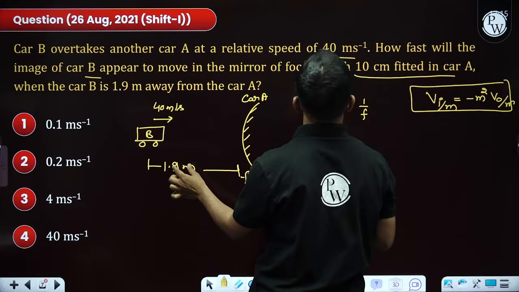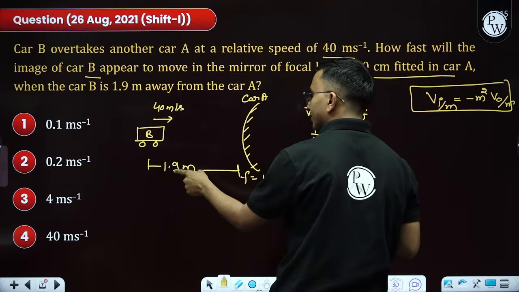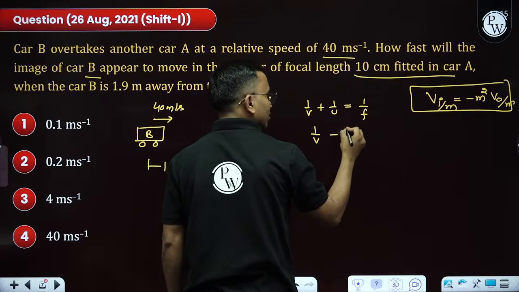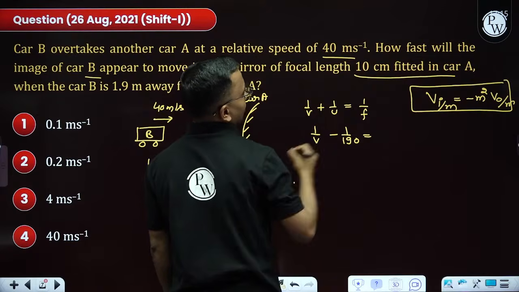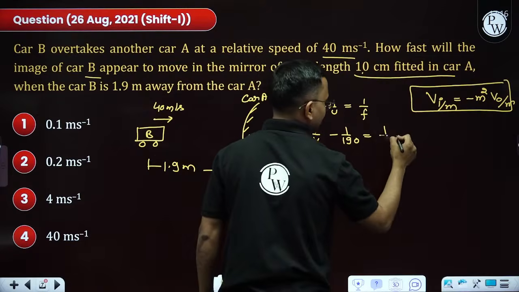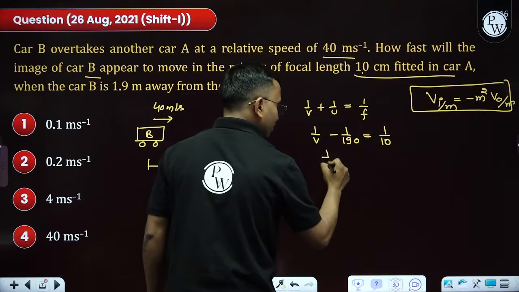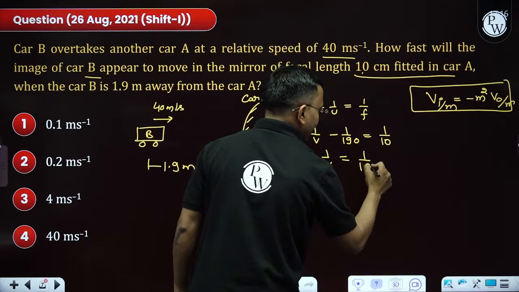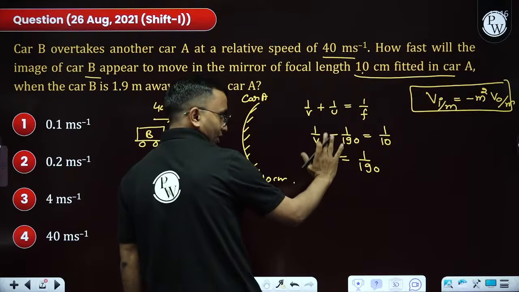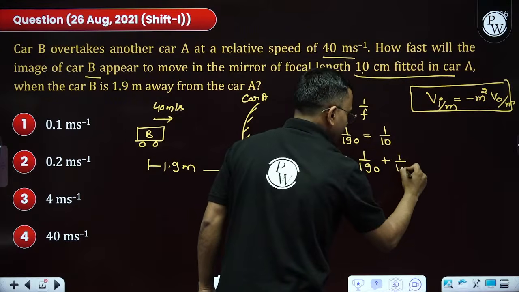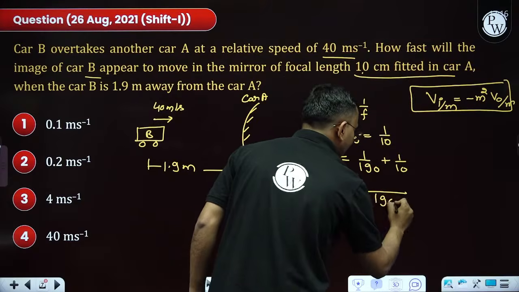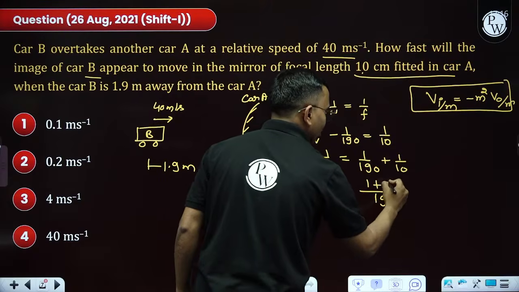Let us put everything in centimeter. I'll take this as 190 centimeter. So U is minus 190. What is F? F is 10, so plus 10. So 1 by V is equal to 1 by 190, it will go to the right with a plus sign, plus 1 by 10. Now taking 190 as LCM, 1 plus 19.